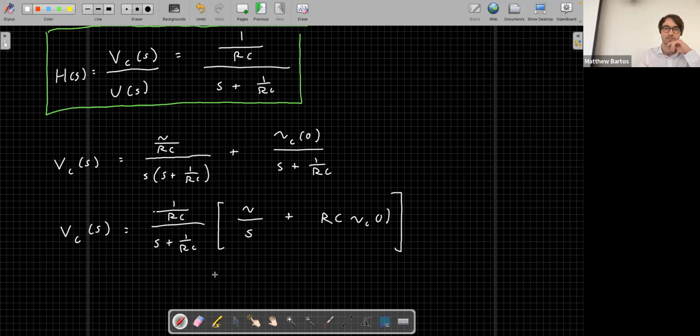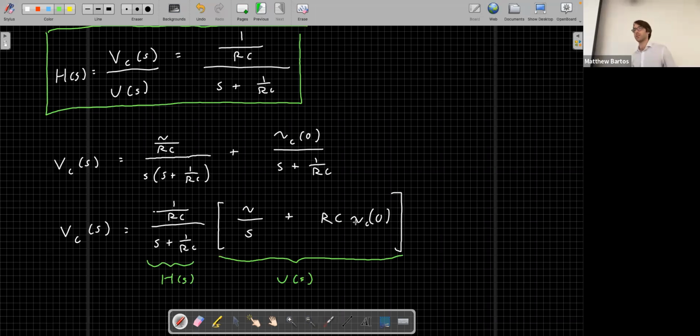Is that right? I believe that's correct, yes. So if this is our transfer function H of s, you can think of this as being our overall input U of s, which includes both the step input as well as the input corresponding to our initial conditions.